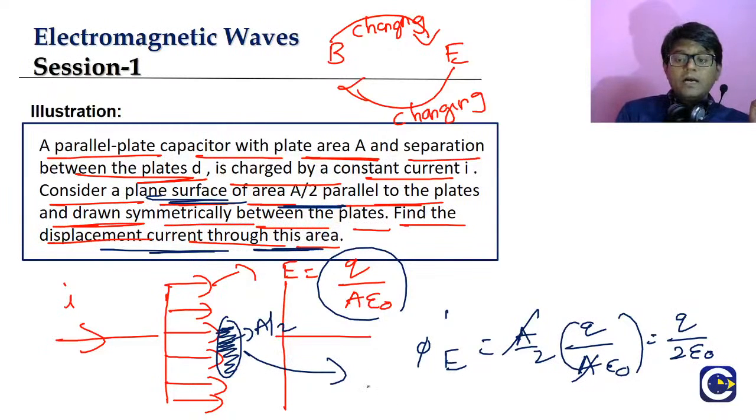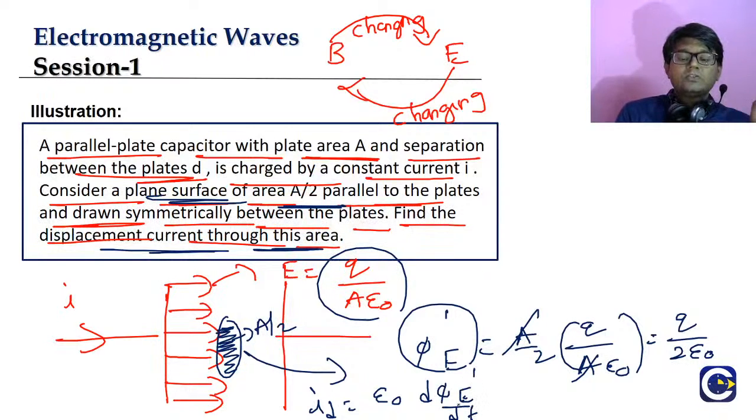Okay. And what is the displacement current formula? It will be epsilon naught into d phi E dash by dt, taking this particular value for the flux.